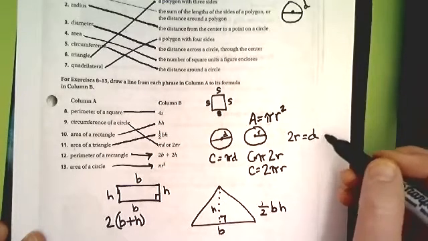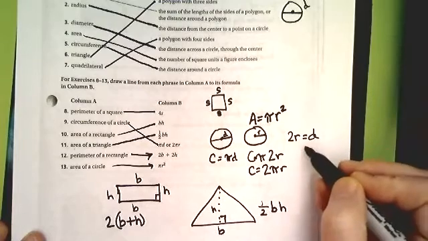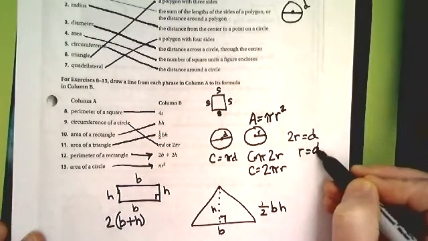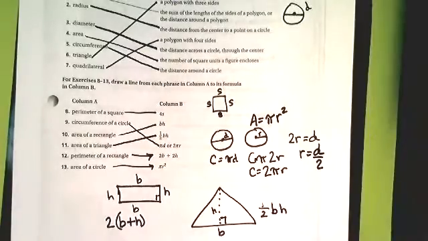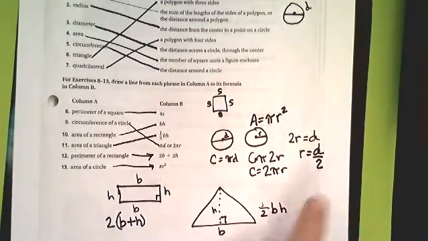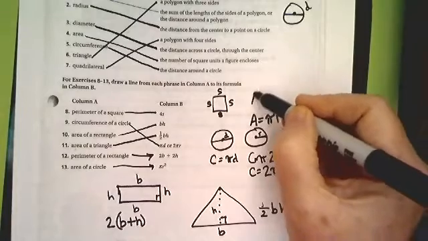Well, you divide by 2, right? So r, 2r equals d means the same as r equals the diameter cut in half. Is radius equal to diameter cut in half? Yes. Okay. So I don't know why.